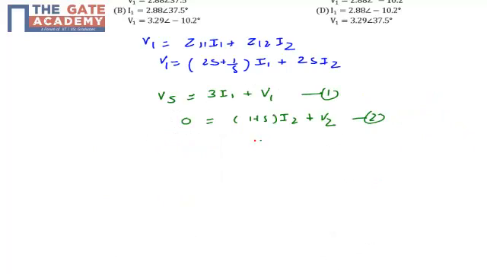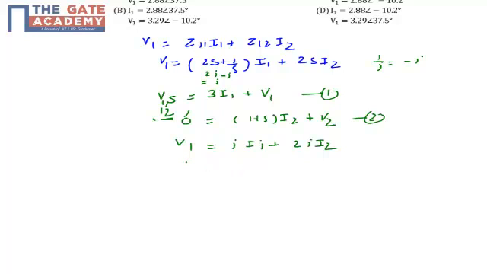So substituting j in place of s, my V1 will be equal to j times I1 plus 2j times I2, because it is 2j minus j. 1/j is basically equal to minus j, so 2j minus j is basically equal to j. So V1 is j times I1 plus 2j times I2, and similarly my Vs is basically equal to 12. I'm going to represent Vs with its magnitude 12 only.